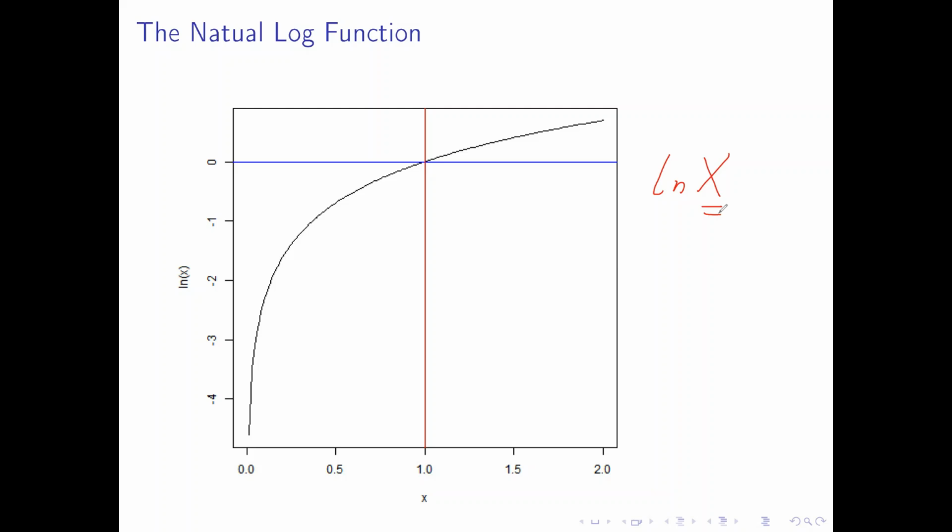Otherwise, this function is invalid, does not work. And if we take the log of any positive number, then the log of x can be any number on the real line. It could be positive, it could be negative.